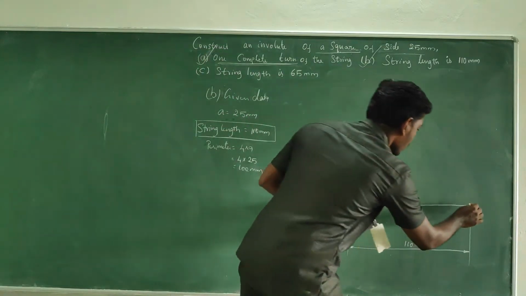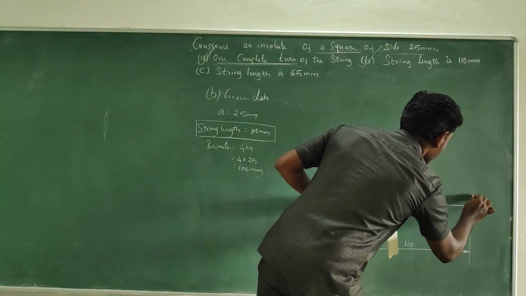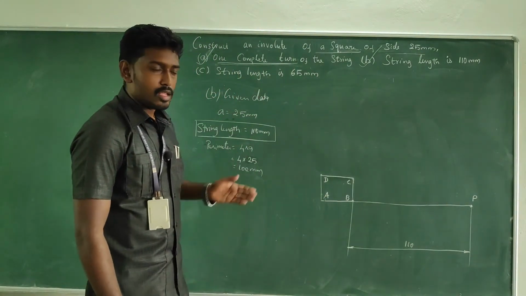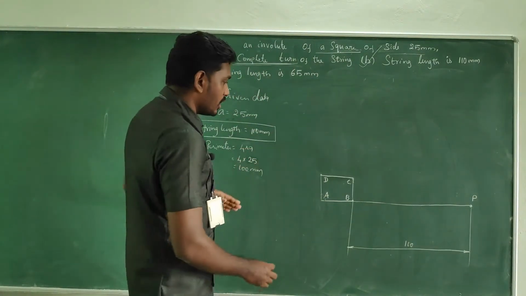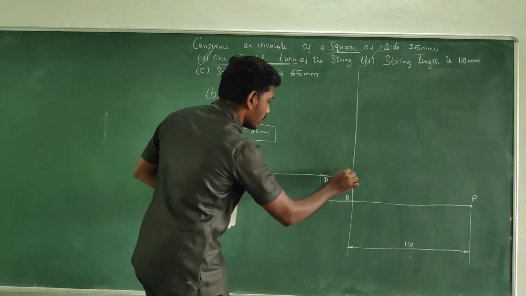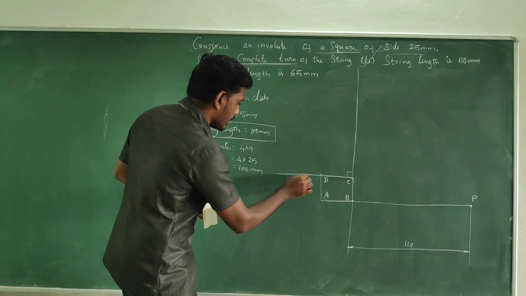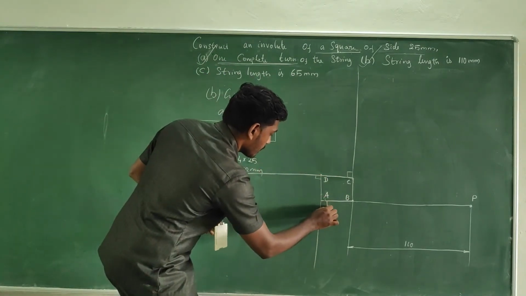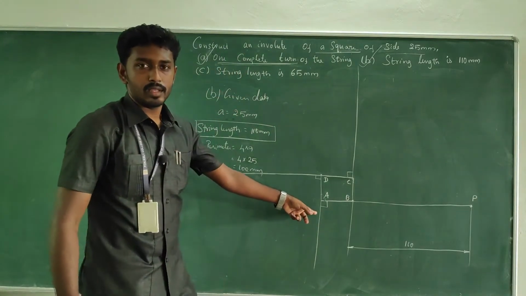This is the string length, so at the end capture it with P. Okay. In order to identify all the points, take the perpendicular line from each point. Take the perpendicular line like this. Go for a perpendicular line to the adjacent side like this, right?